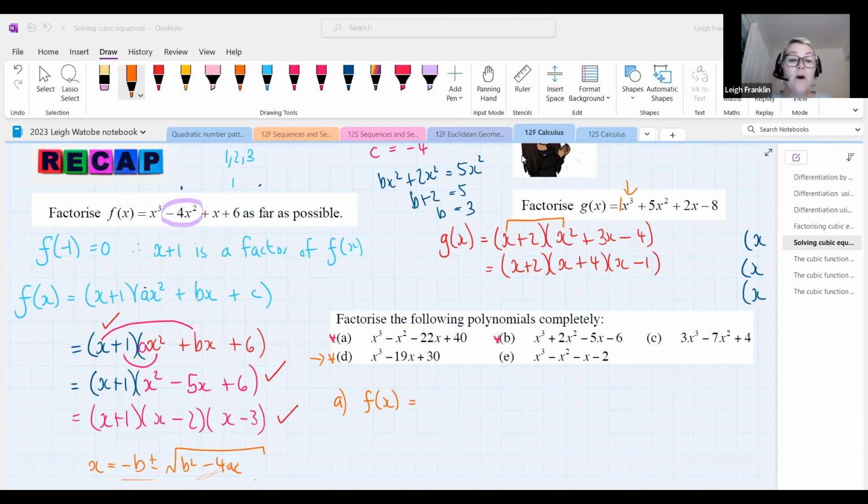Okay, so as far as A is concerned, is there anybody that's done it that's willing to share their 3 brackets with me? What did you get? Good, Sejo, well done. Anybody willing to share their 3 brackets for A?